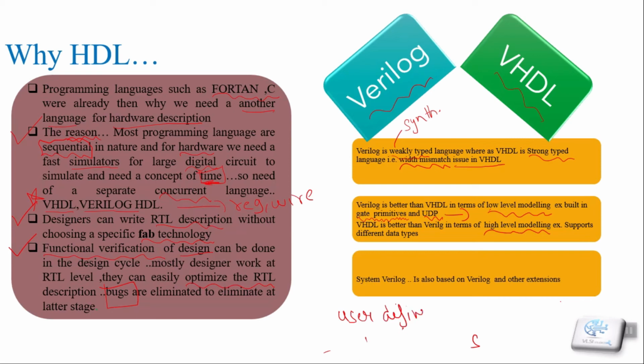This supports different data types, including predefined data types and user defined data types. For example, bit vectors, string, time, boolean, character, all those things have been defined in VHDL.